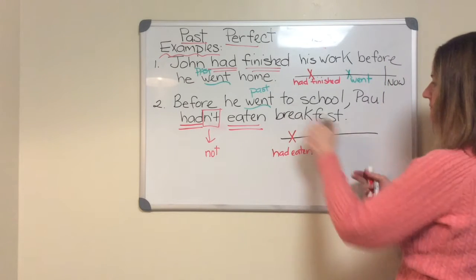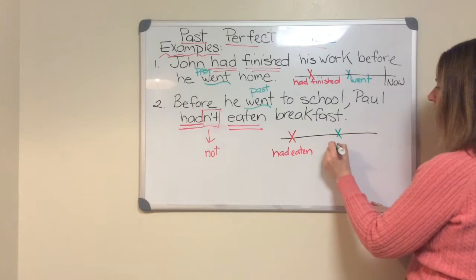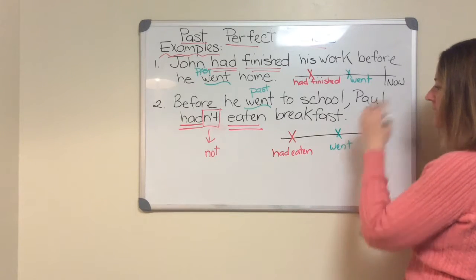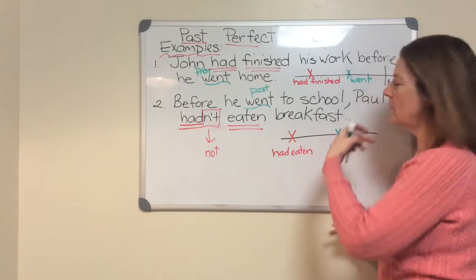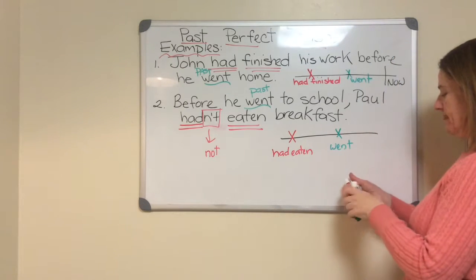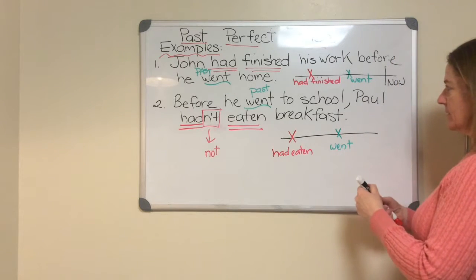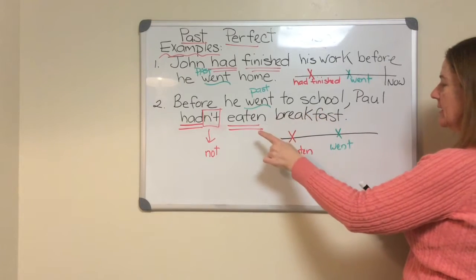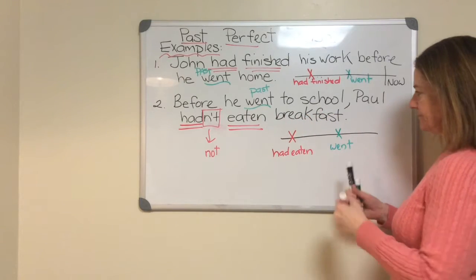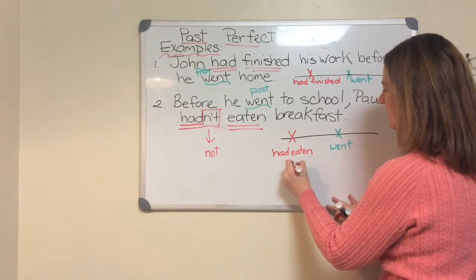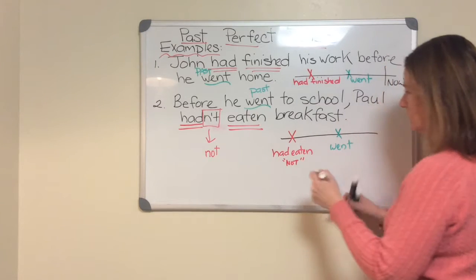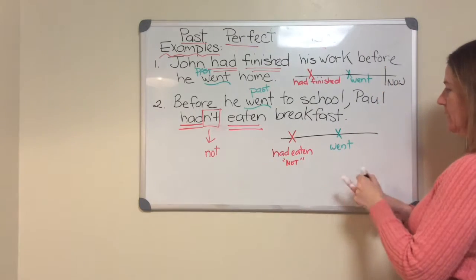And then went. So did he eat breakfast before he went to school? Yes, he did. He had, oh sorry, had not eaten. That would be the negative. So he was probably hungry.